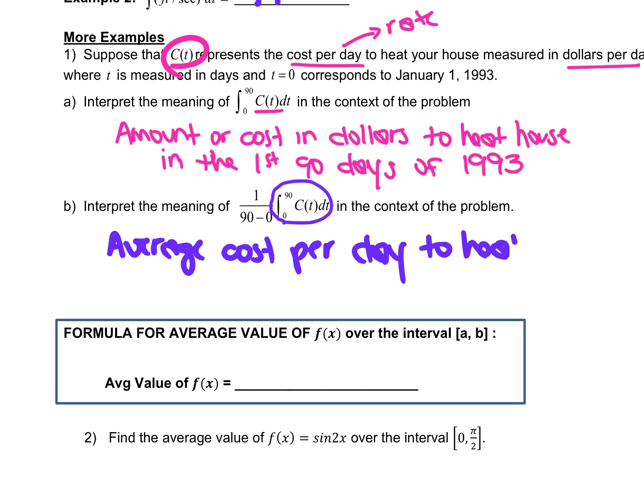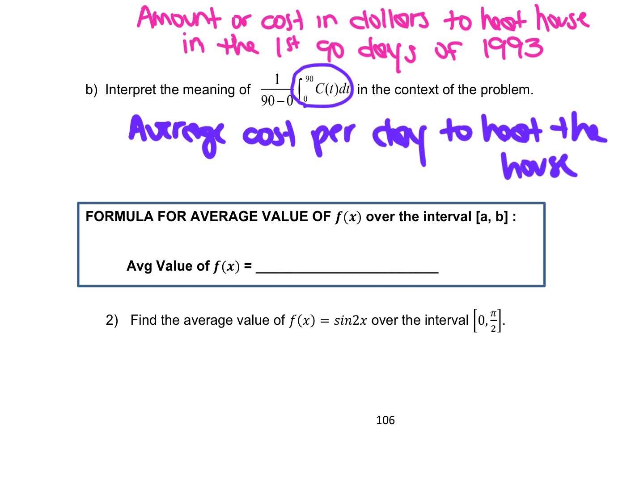Now, I'm going to give you a formula for average value, and then we're going to park there for a second so that this formula truly makes sense to you. This is the average value formula: the average value of any function is 1 over b minus a multiplied by the integral from a to b of f of x dx.